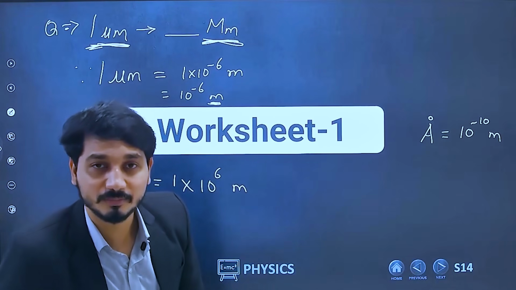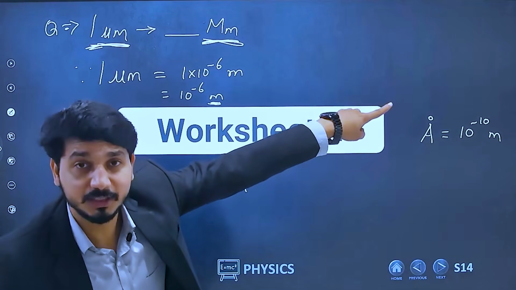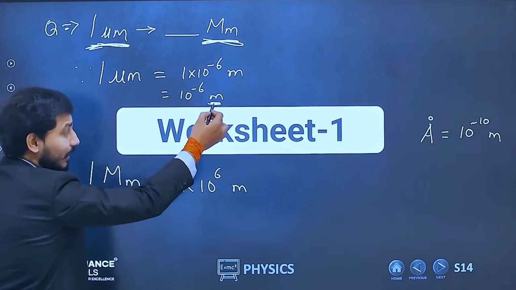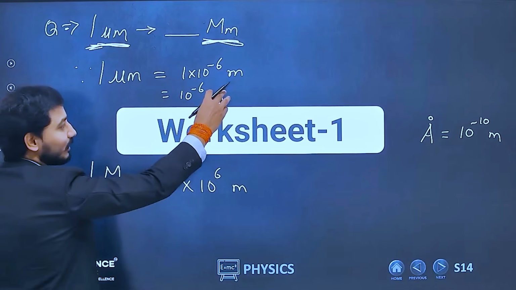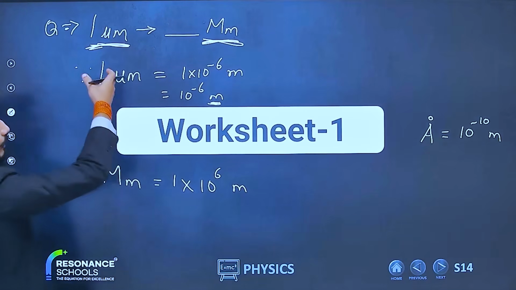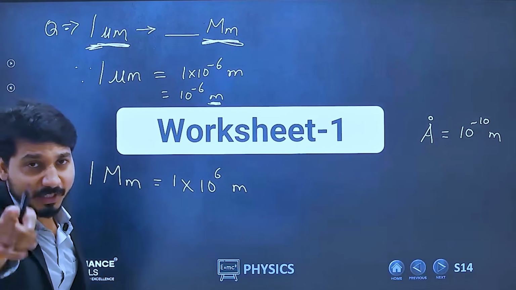Now we have to find out in 1 meter how many megameters are there. If we get this number, just substitute the value over here and we will get 1 micrometer is equal to how much megameter. If not, listen.